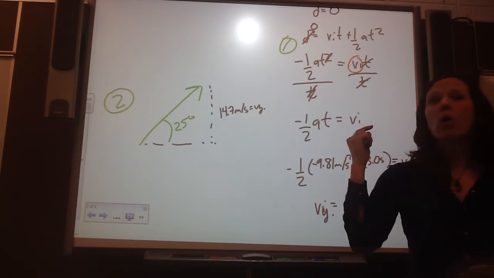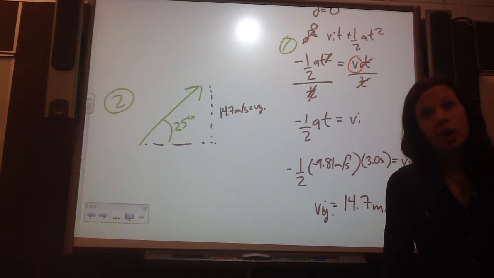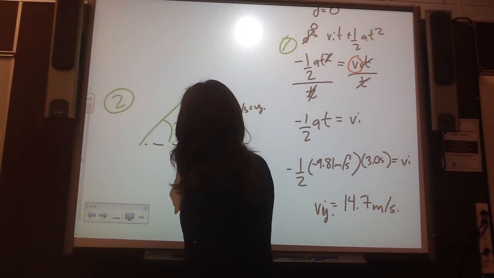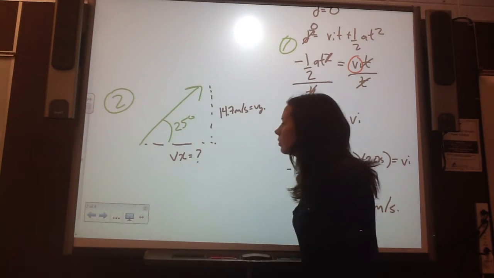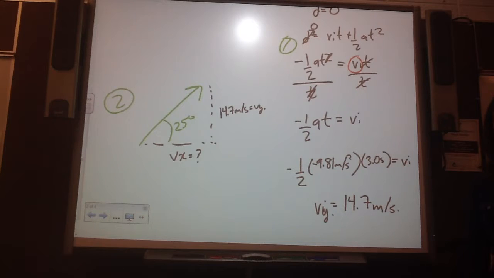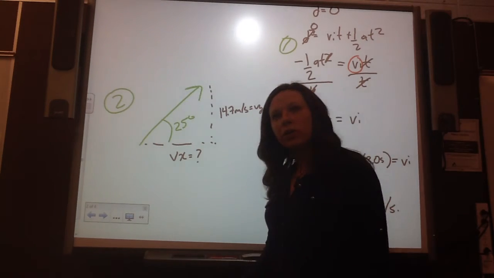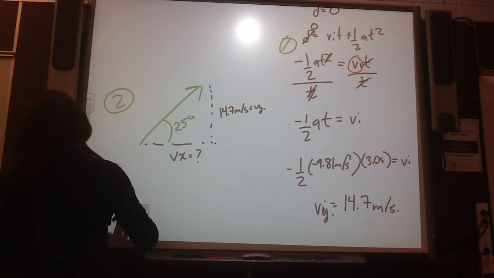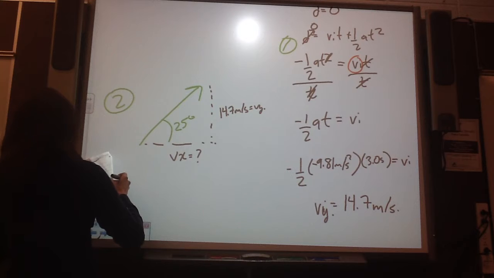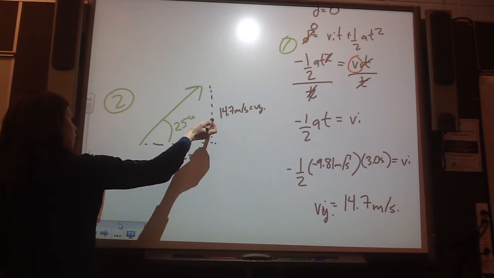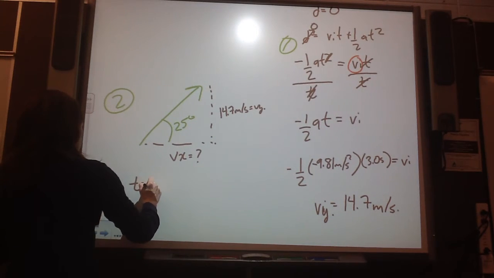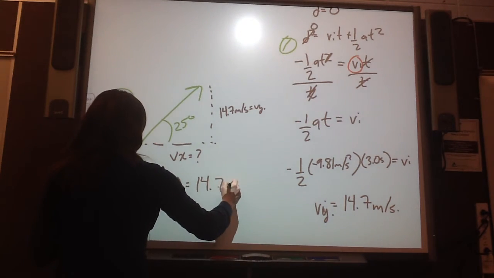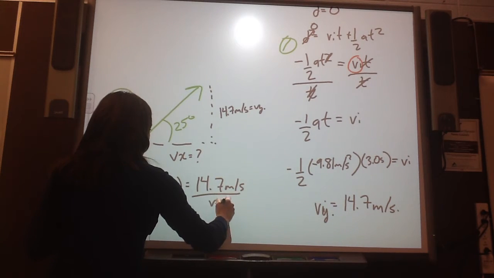So I need my horizontal velocity to find out my answer. So I need to look for Vx. Well, I can use trigonometry to do that. I'm going to use tan, opposite over adjacent. So tan of 25 degrees is equal to 14.7 meters per second divided by Vx.